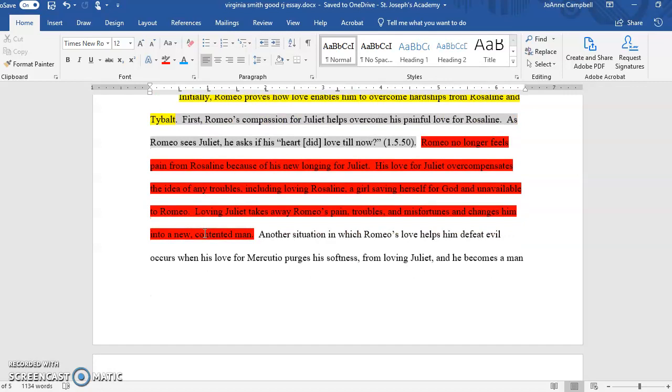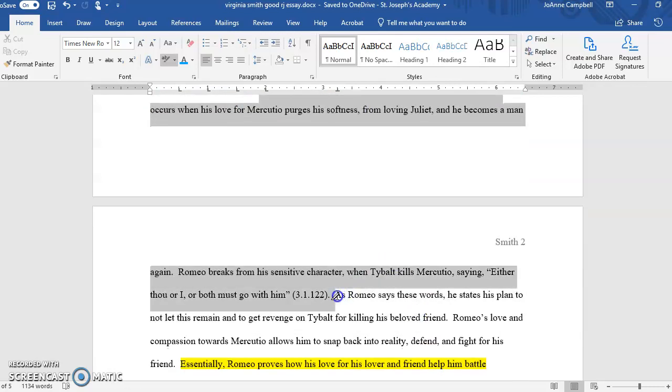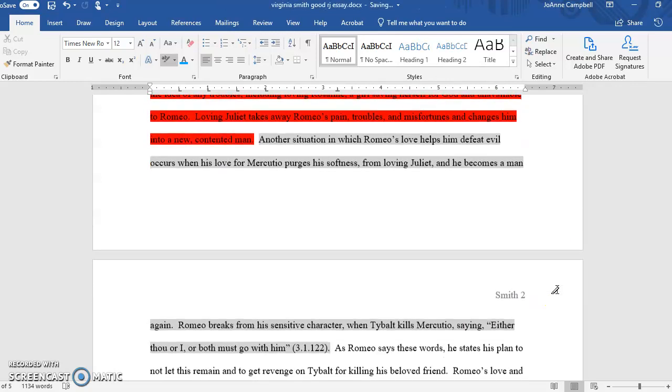Okay, so now I'm going to go back to my gray color because I'm going to have my next supporting detail and example. Okay, so another situation, let me just highlight. Okay, so another situation, so we have another transitional phrase.